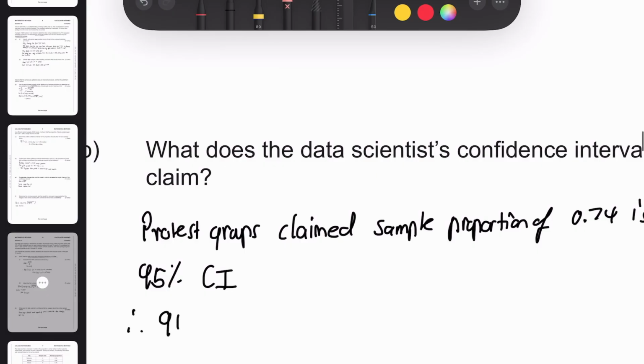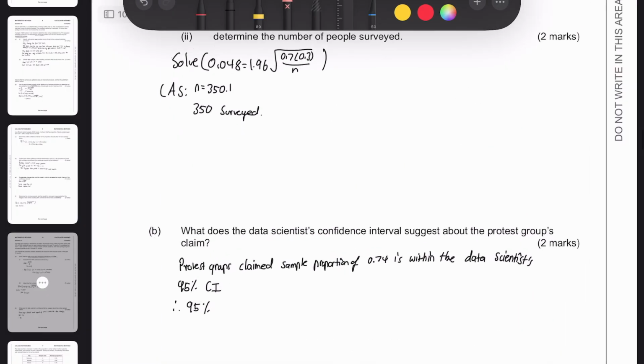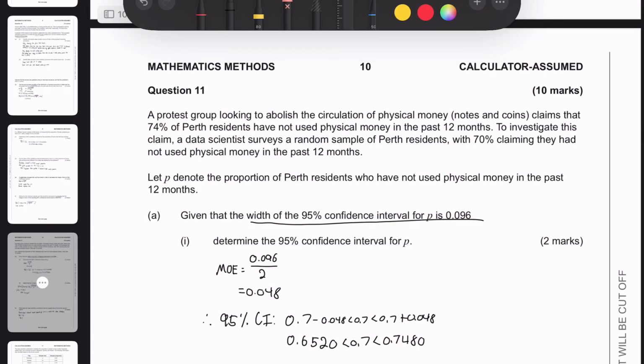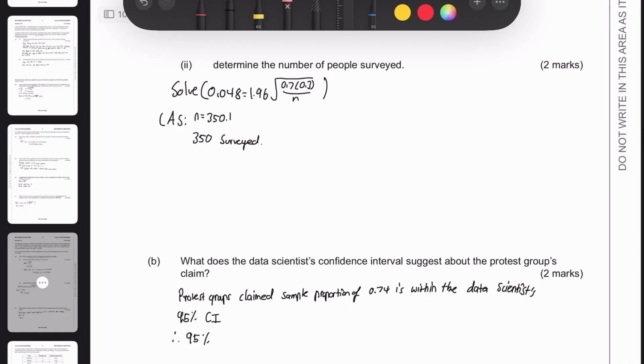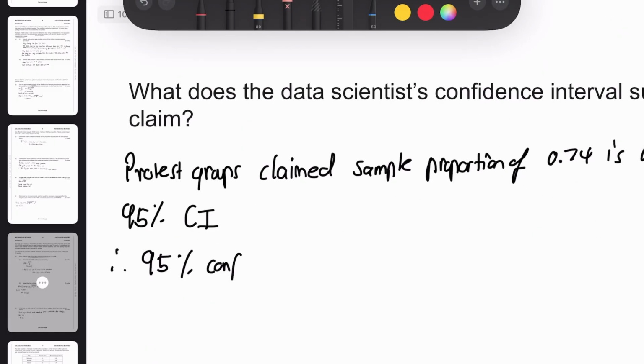So we are 95% confident that the protest group is correct.